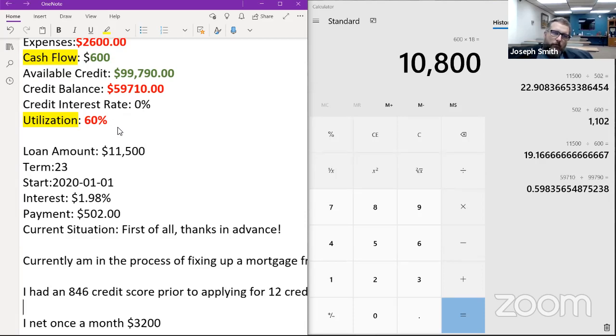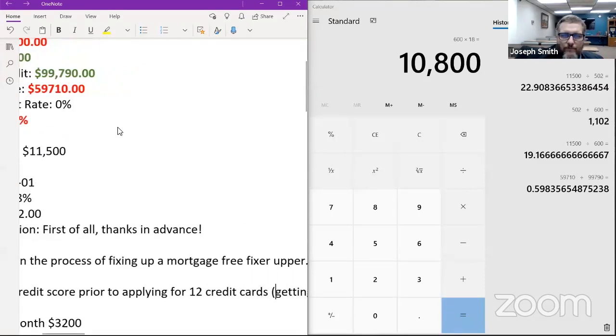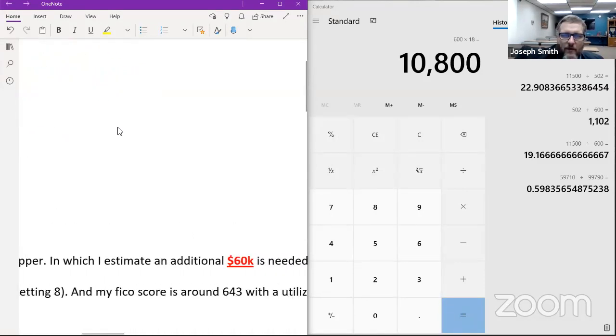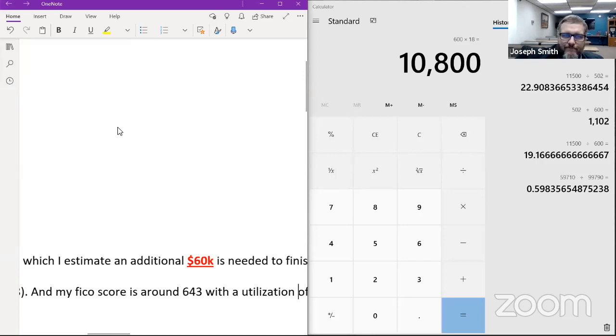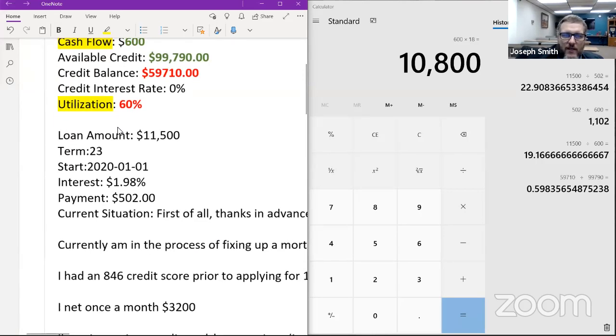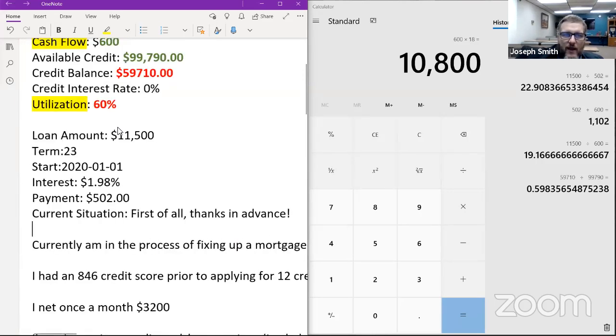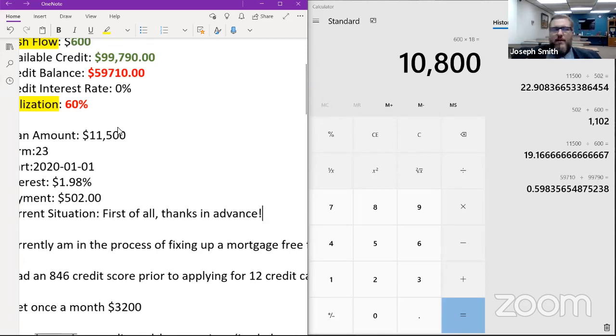Eliminate the loan, and then you free up $502 more dollars. You're really cooking. Well, here's what we do. Given the current situation, there are not enough resources to get everything done in the time frame that we need to get it done.